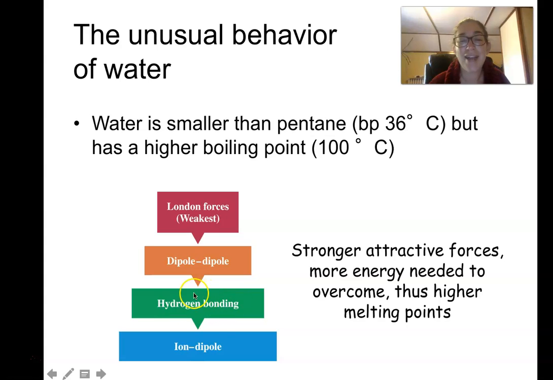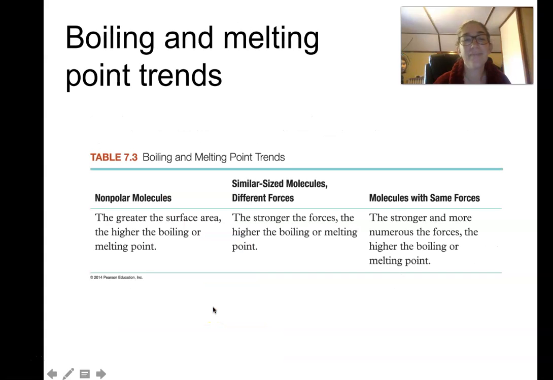So water has hydrogen bonding. Hydrogen bonding is much stronger than London forces. So a molecule with a fair amount of London forces, like pentane, will still have a lower boiling point than something like water, because water has a much stronger attractive force, hydrogen bonding. It takes more energy to break those hydrogen bonds.